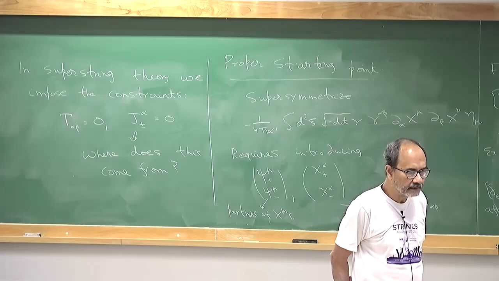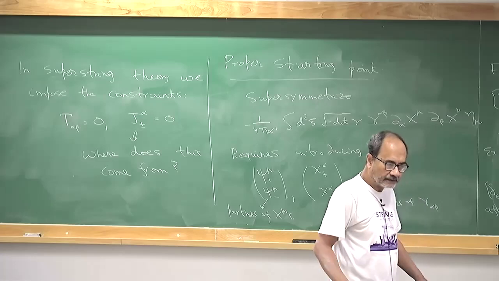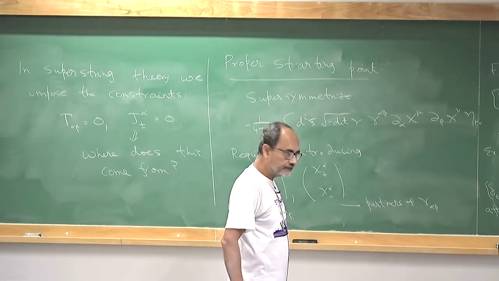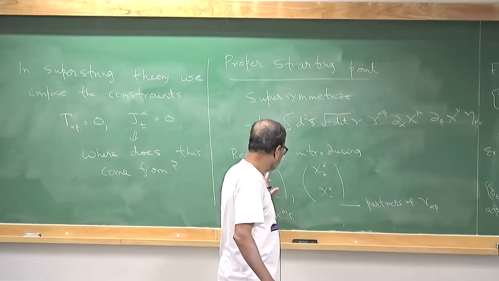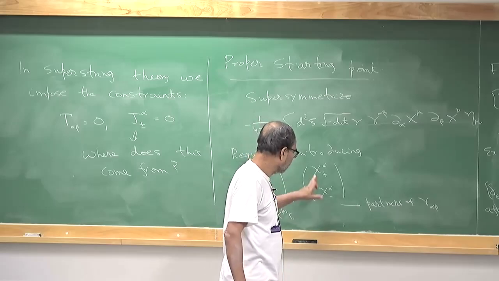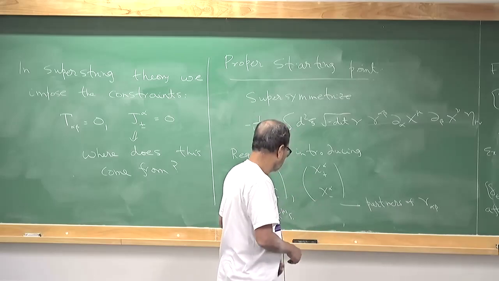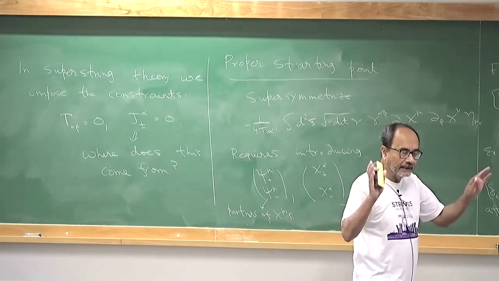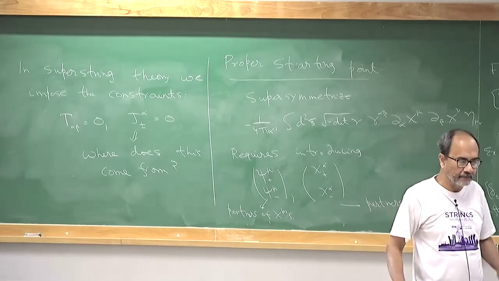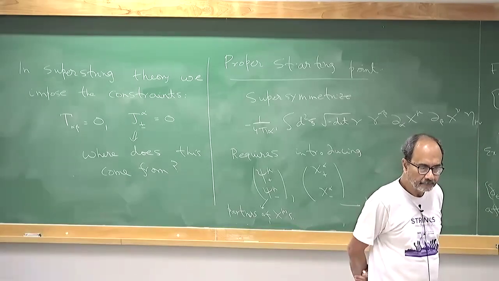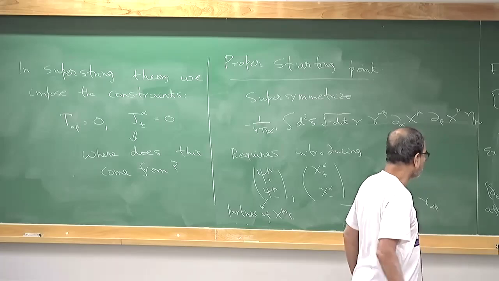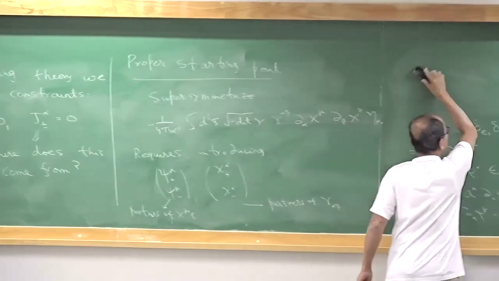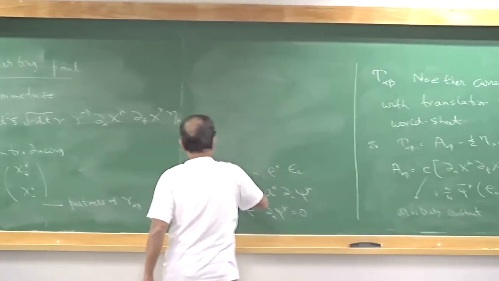Is that clear? So we can write down an action, which I am not going to write, but the action will have these fields. Besides this, you will have psi plus minus mu and chi plus minus alpha. That would be residual gauge symmetry, the one that you saw, but this is the full gauge symmetry. So let me list those.